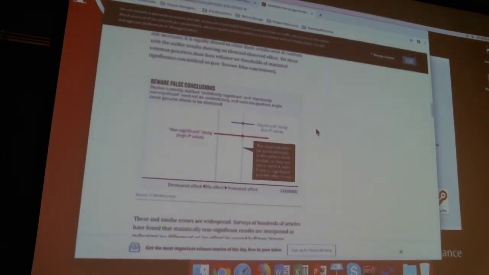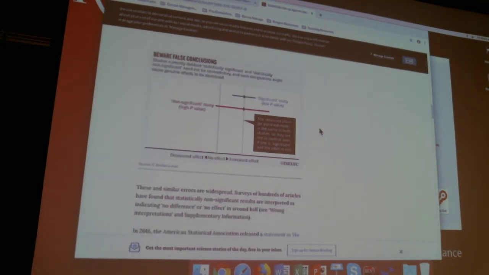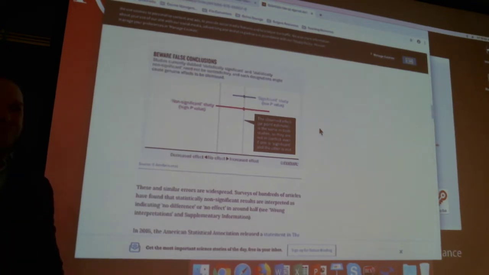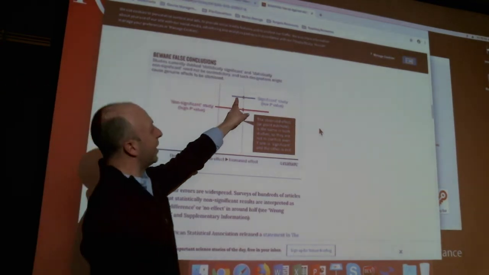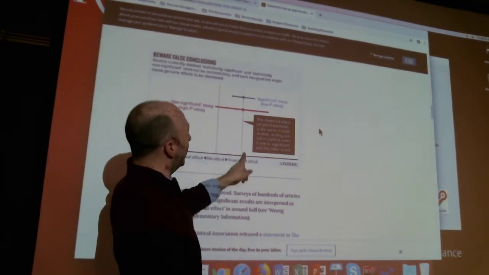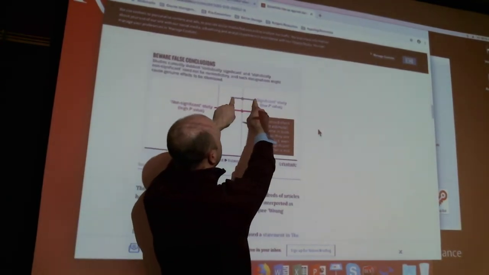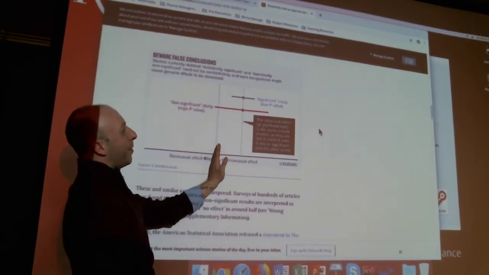I'll let you read everything, but here's what people are literally doing. If number theorists made this kind of mistake, we would just be fired immediately. Here's what happens. One study says, here is the mean, and here is our confidence interval from the null hypothesis.